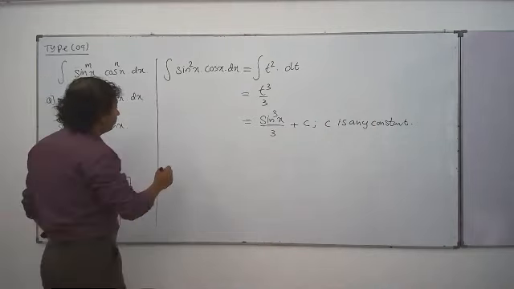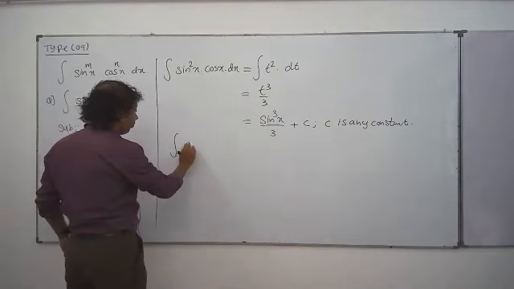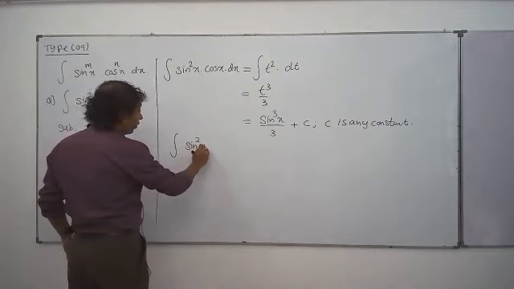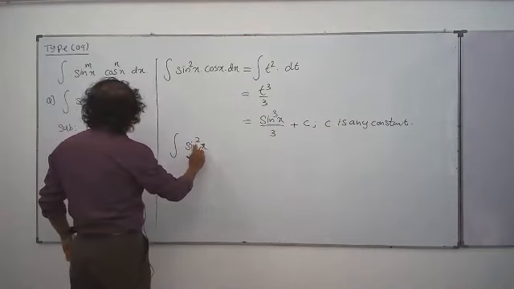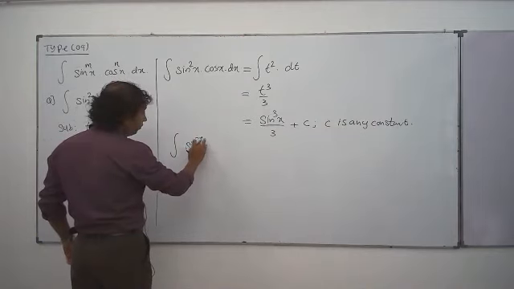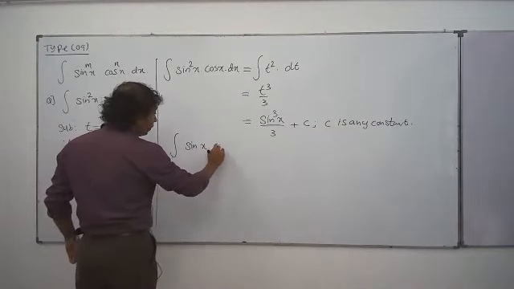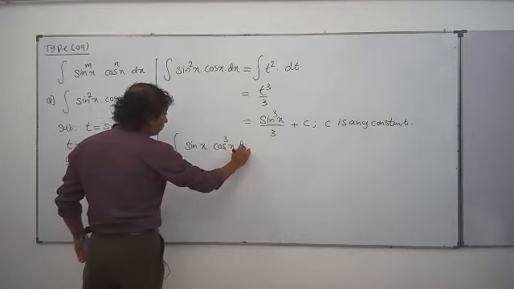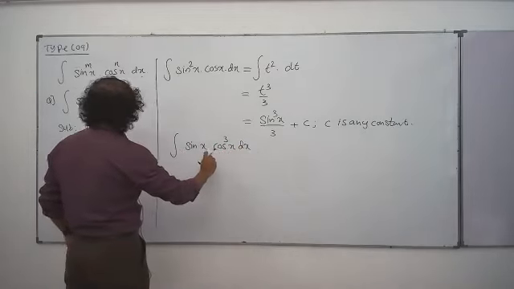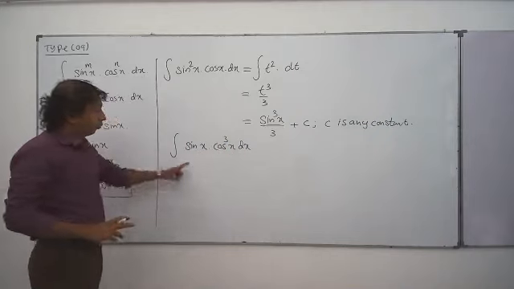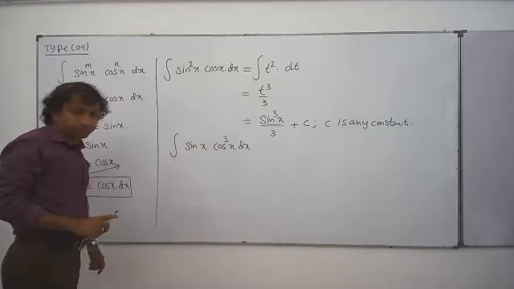We'll take another one more. Sin x times cos cube x. Both are odd positive integers.